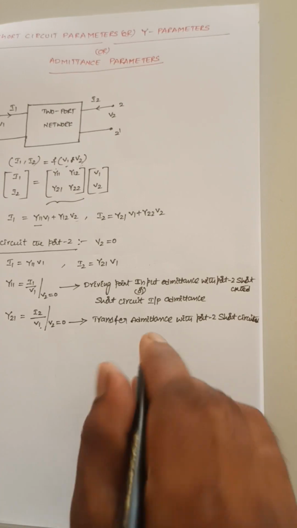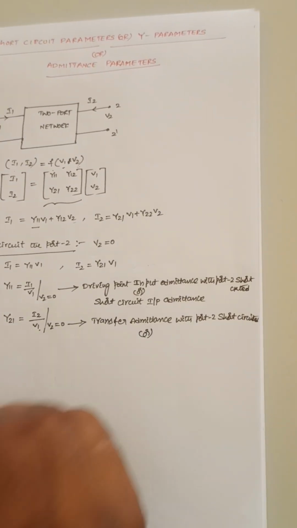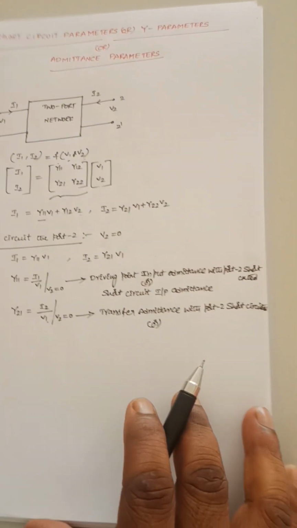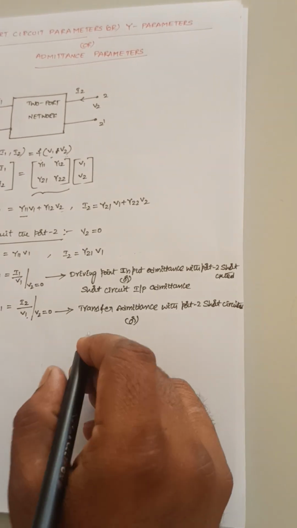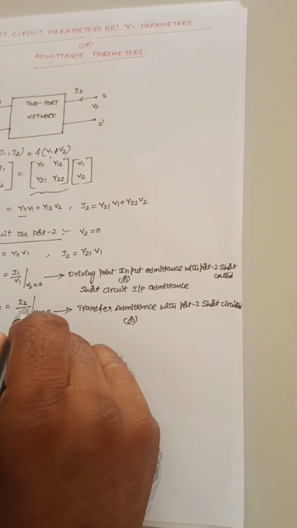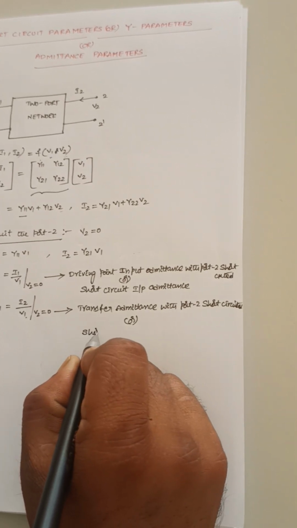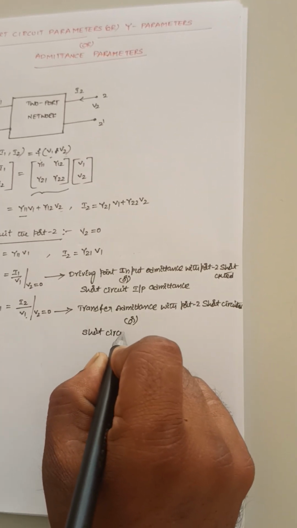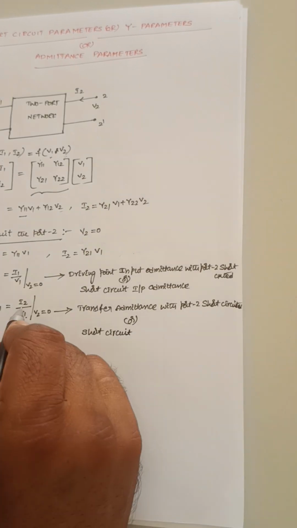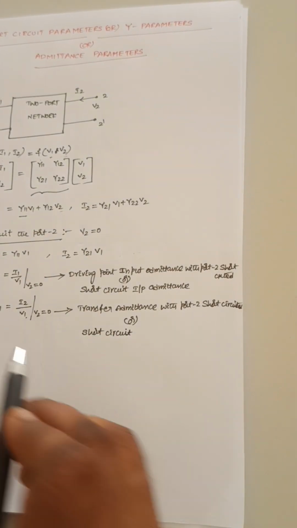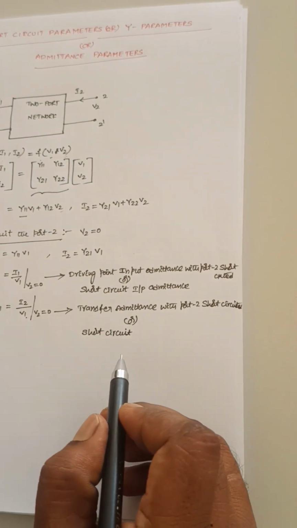This Y21 equal to I2 by V1 can also be named the short circuit forward transfer admittance. If it is I2 by V1, then that is forward transfer admittance.